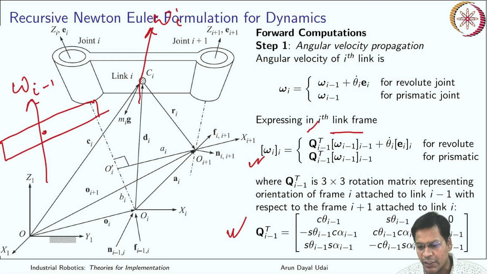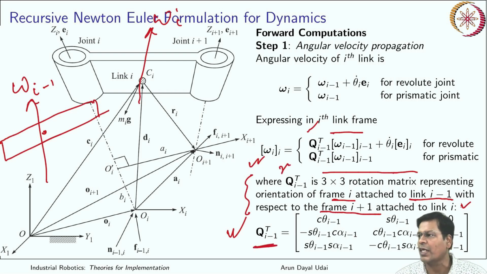Qi minus 1 is a 3 cross 3 rotation matrix, you just note it down, that represents the orientation of frame i attached to the link i minus 1 with respect to the frame i plus 1 attached to the link i. So how does this transformation happen? You basically extracted this from the link transformation matrix i minus 1. So you know all these parameters using DH parameters, so you got this orientation directly.